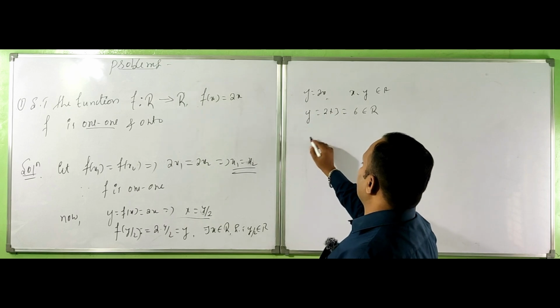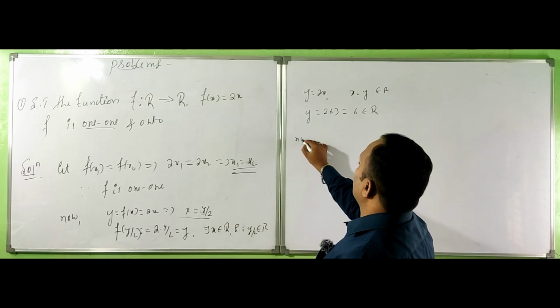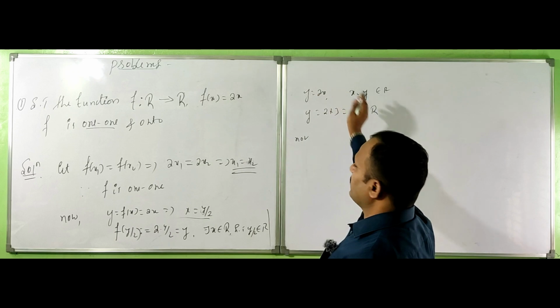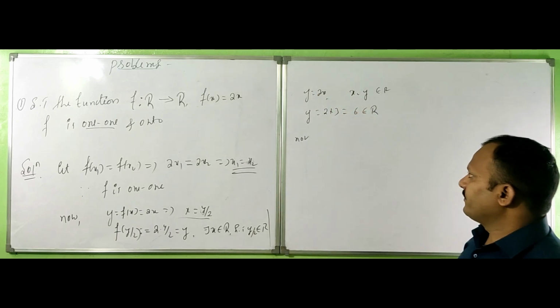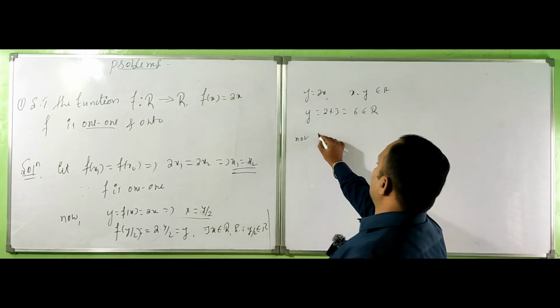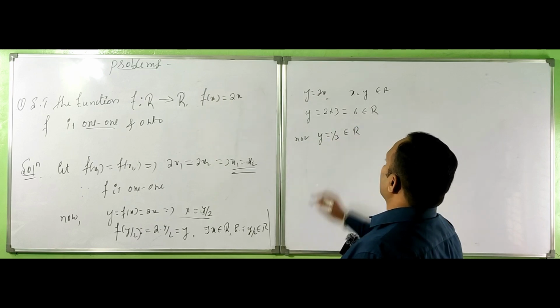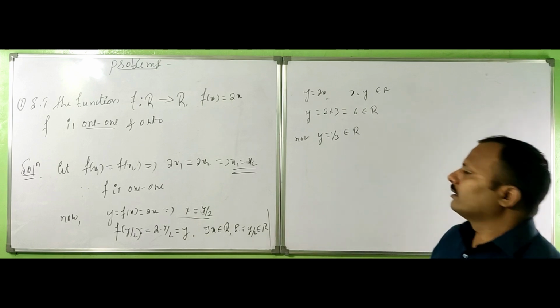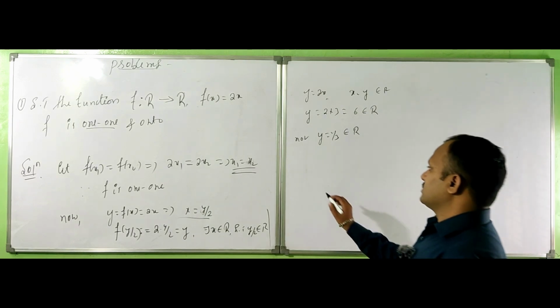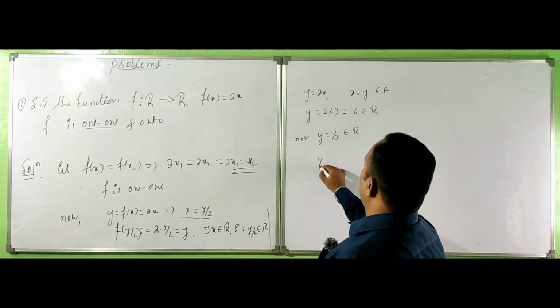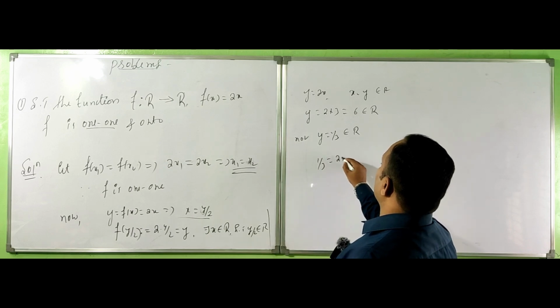So again, we should get x from y. This is only for the understanding part, don't take it for the exam. So if I take y is equal to 1 by 3 which belongs to R, let's consider y is equal to 1 by 3. So 1 by 3 is equal to 2 into x.